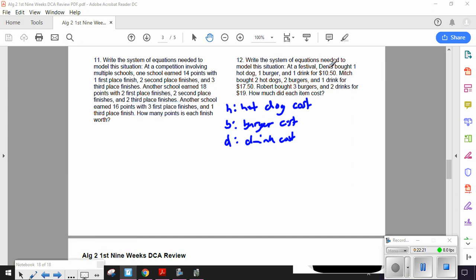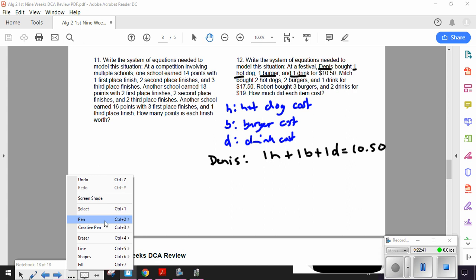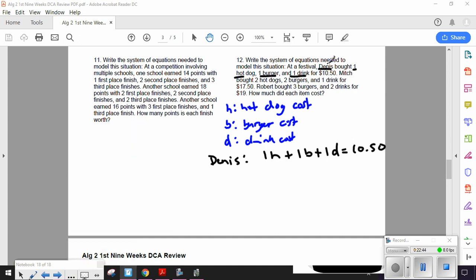So the first person was Dennis. 1 hot dog, 1 burger, 1 drink. So for Dennis, 1H plus 1B plus 1D was equal to $10.50. For Mitch, 2 hot dogs, 2 burgers, 1 drink, $17.50.